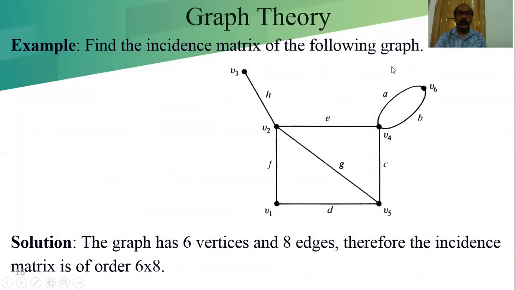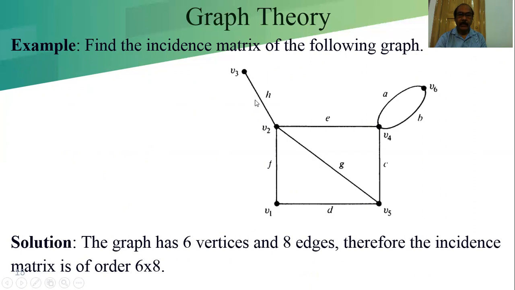Now we try to find the incidence matrix of the following graph. The graph is given, and with what we have learned about the elements, the number of rows and the number of columns, we have to find it.